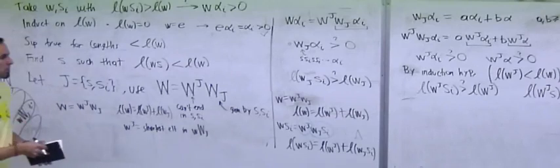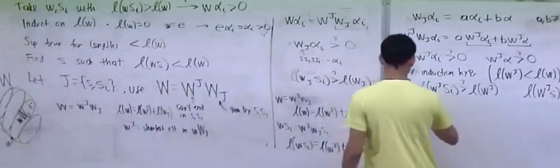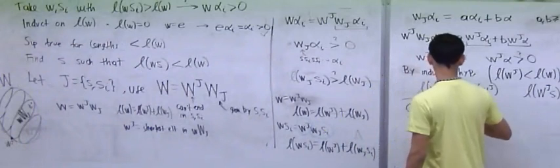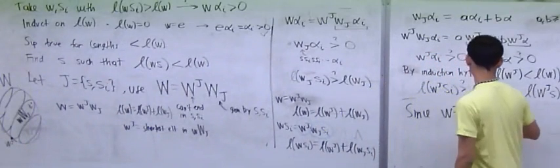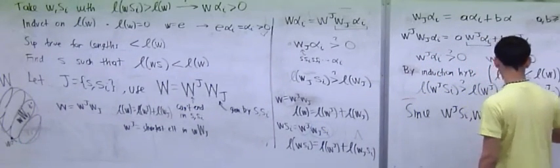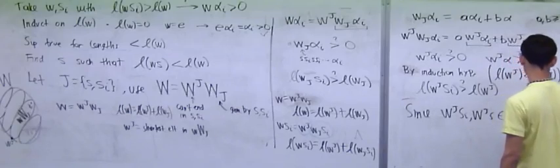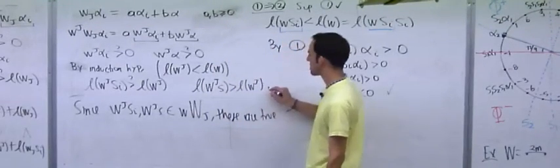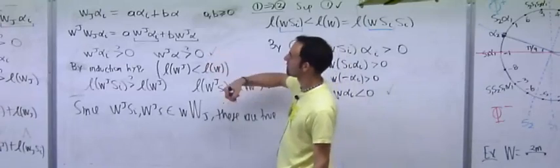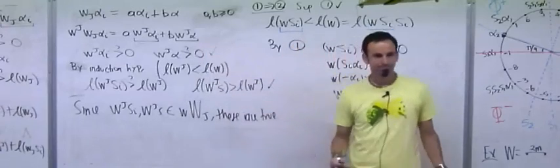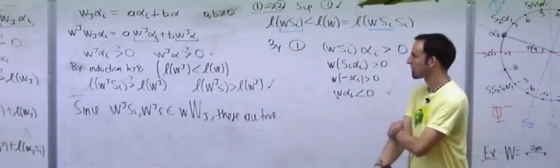So that means, since Wjsi and Wjs are in the same coset, that these are true. So this is true, and that completes the proof. Okay.